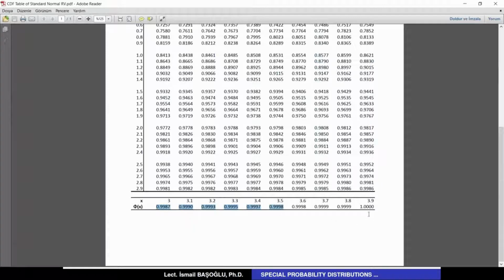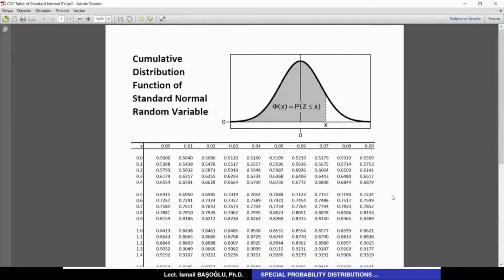But you see, according to this table, the probability of a standard normal random variable to be less than or equal to 3.9 is approximately equal to 1. So practically, it is almost impossible for a standard normal random variable to be greater than 3.9. It has a very, very insignificant probability. So this is the CDF table of the standard normal random variable.